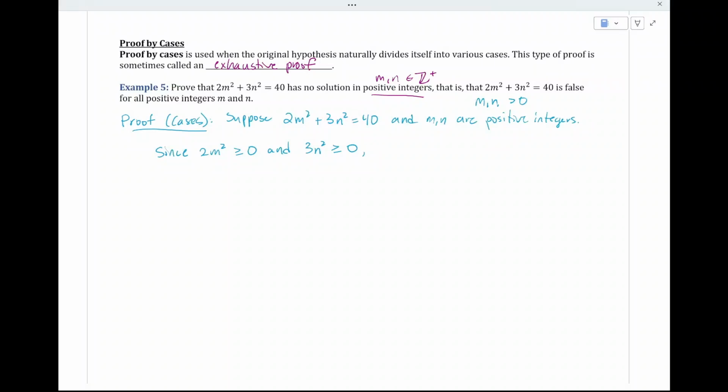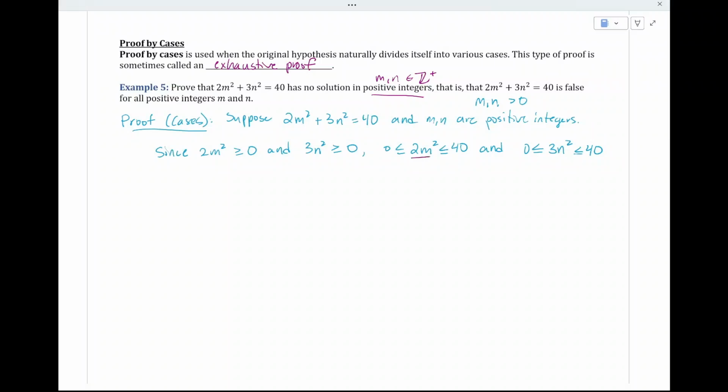So we can set bounds upon what 2m squared and what 3n squared can be. So 0 is less than or equal to 2m squared is less than or equal to 40. And 0 is less than or equal to 3n squared is less than or equal to 40. We probably could tighten these two options a little bit, but this is as tight as we really need to go to see what our possible cases are.